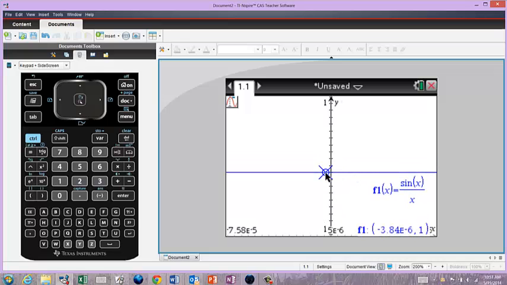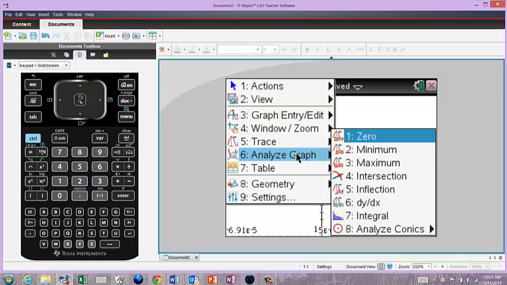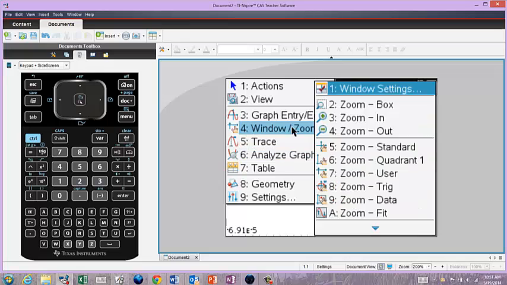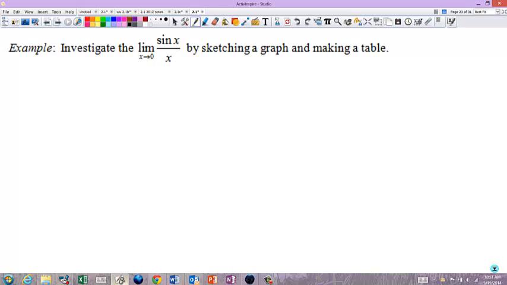See the y value as I'm headed towards 0? At 0 it's undefined, but to the left of 0 it's 1, to the right of 0 it's 1, and it's pretty much 1 for a pretty good ways. Okay, you can kind of tell it's going to 1. It is headed to 1.